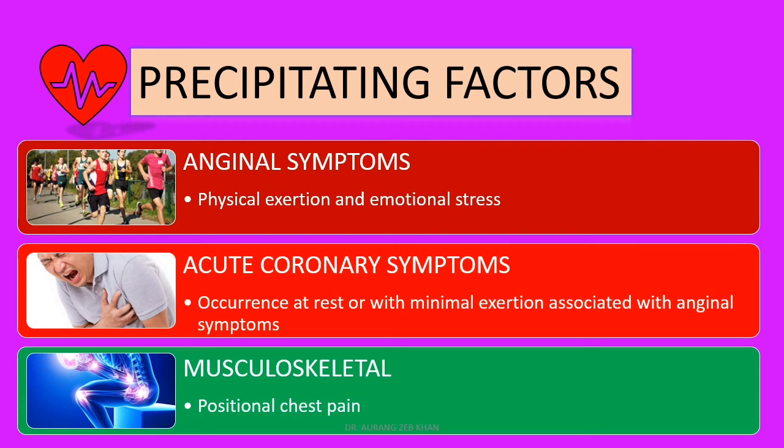So these are the precipitating factors. Anginal symptoms are precipitated by physical exertion and emotional stress. If the anginal symptoms occur at rest or with minimal exertion, the patient may have developed acute coronary syndromes, for example, acute myocardial infarction or unstable angina. And positional chest pain points to a musculoskeletal etiology of chest pain.